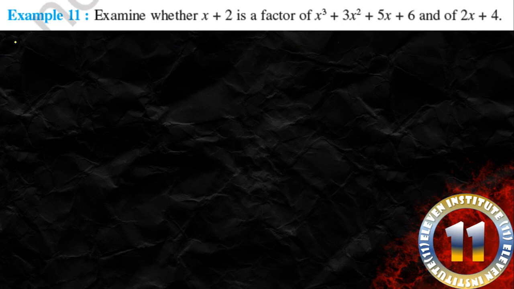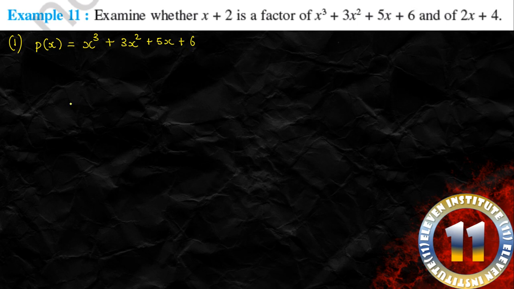Very very simple, right? So let us start with the first polynomial. The first polynomial that is given to us is p(x) is equal to x cube plus 3x square plus 5x plus 6.